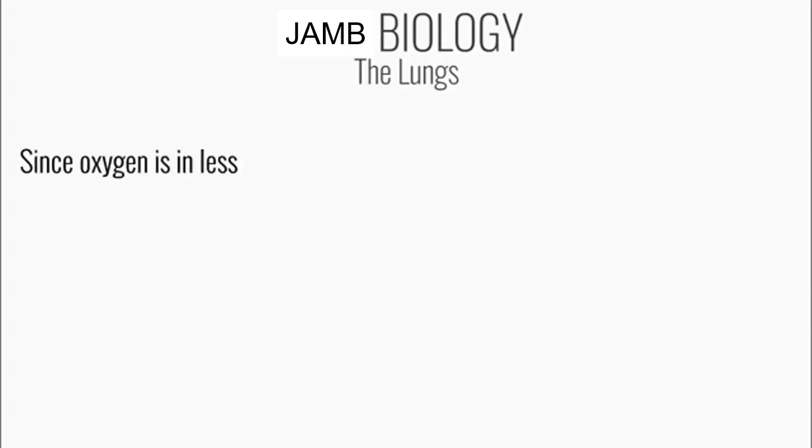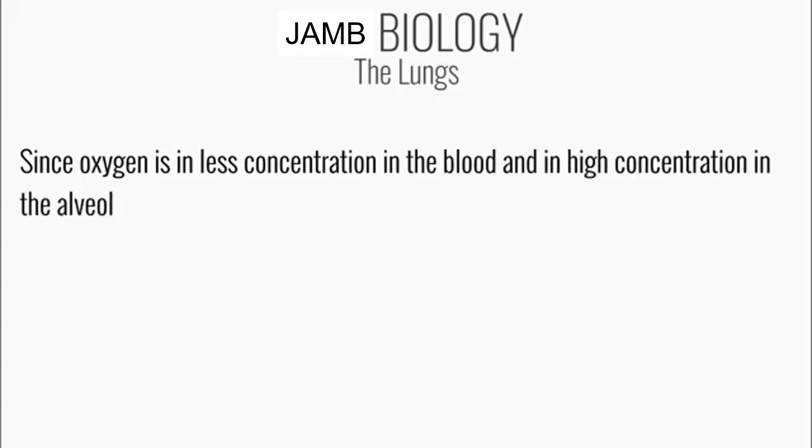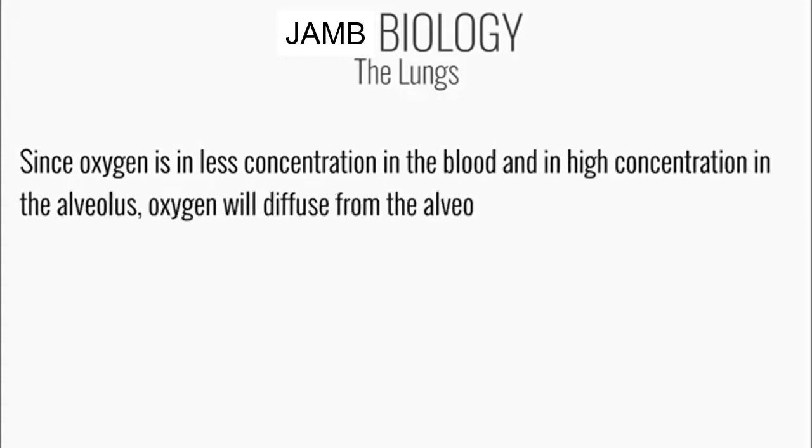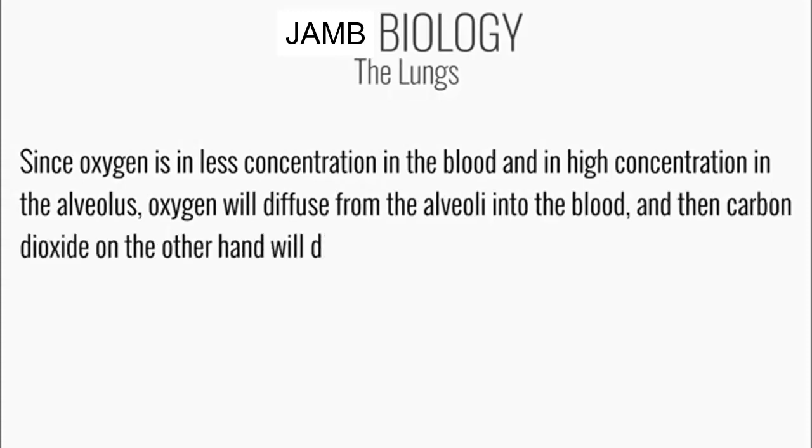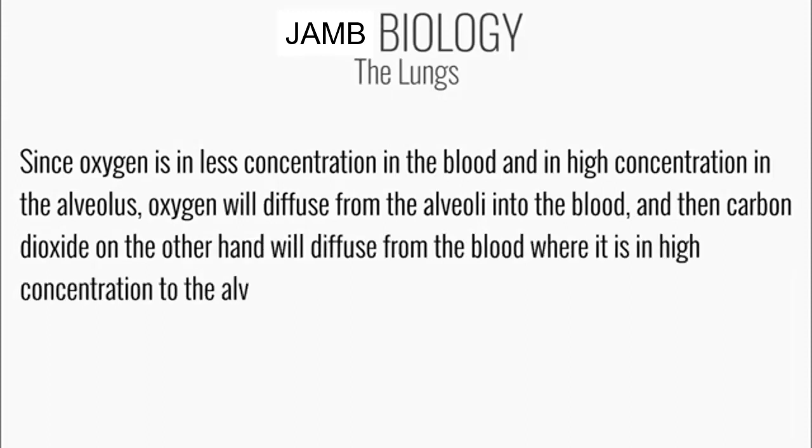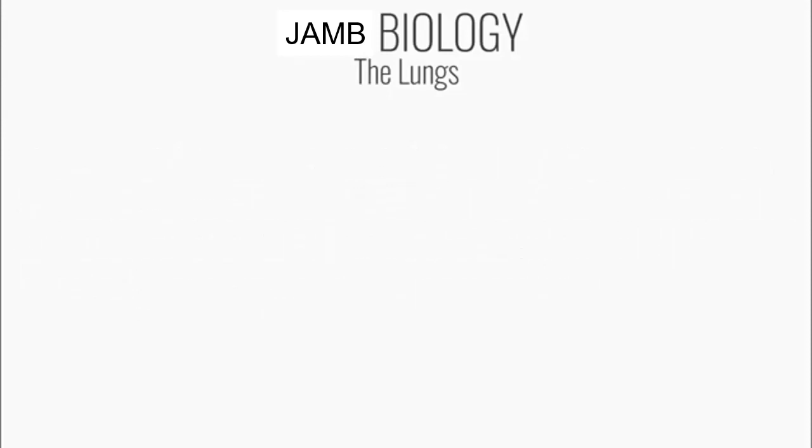So since oxygen is in low concentration in the blood and in high concentration in the alveolus, oxygen will diffuse from the alveoli into the blood, and carbon dioxide, on the other hand, will diffuse from the blood where it is in high concentration to the alveoli where it is in low concentration, before it is then breathed out.